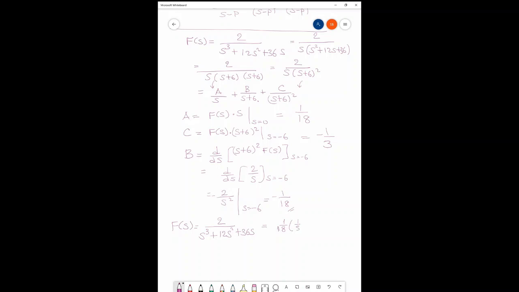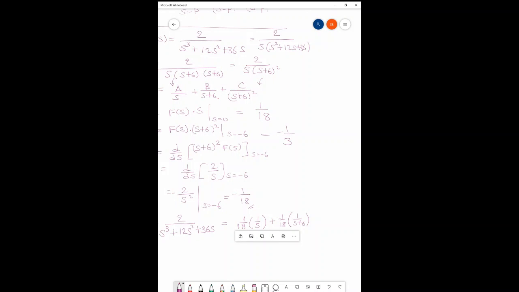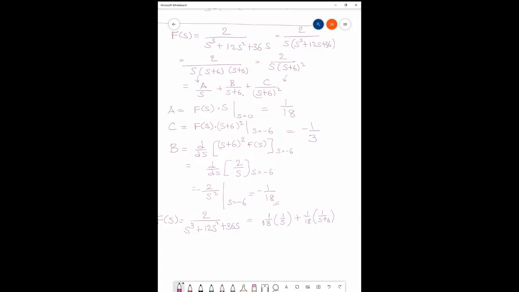So we have 1 over 18 multiplied by 1 over s, plus for b, minus 1 over 18 multiplied by 1 over s plus 6, and then for c, minus 1 over 3 multiplied by 1 over s plus 6 the whole squared. Once we find that, solving for the respective inverse Laplace transform is not going to be a problem.